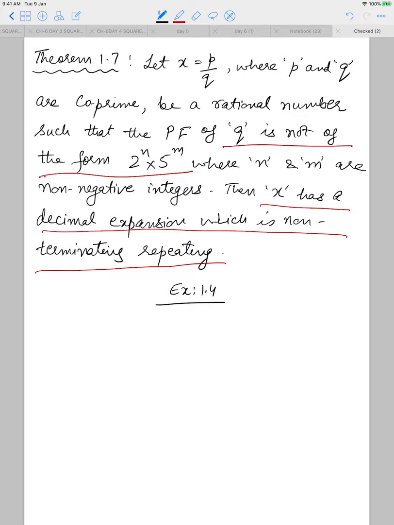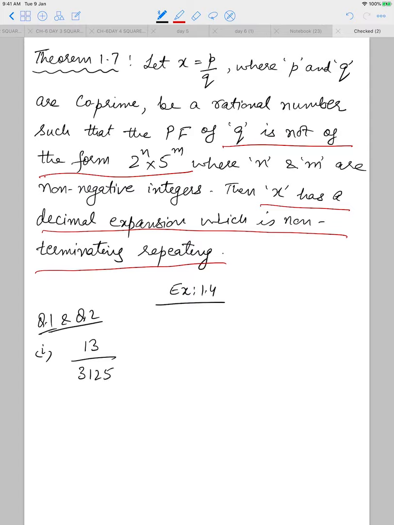If it doesn't have a terminating decimal expansion, we will not find out the decimal expansion of that number. So we are going to start with question number 1 and 2 together. Now the first part of question number 1 is 13 by 3125.